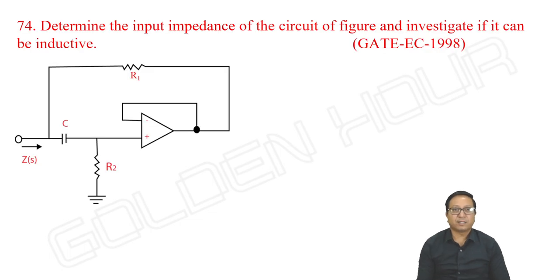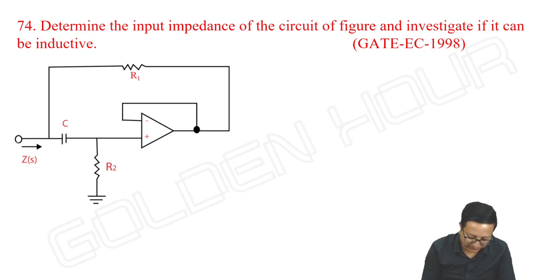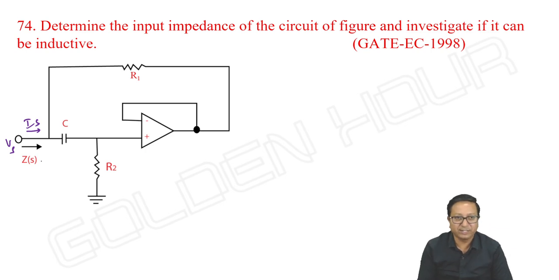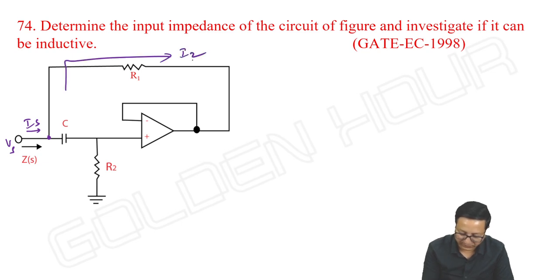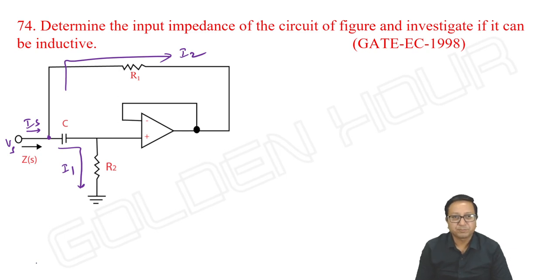Next, determine the input impedance of the circuit of the figure and investigate if it can be inductive. Okay, how do we do this? Again, ZS. They are asking, if I connect here some Vs and this current is Is, Vs by Is gives us Zs. Again here there is a node, some current is possible like this, it is I2, and some current is possible like this, I1.